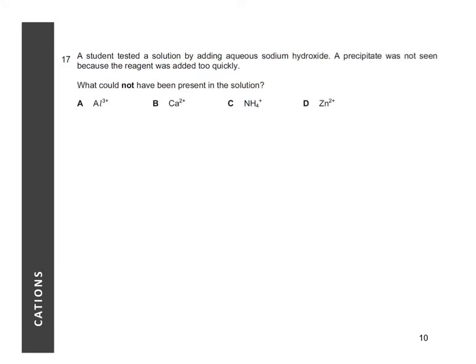Looking at the four options, again, the correct option is D, because zinc will form a white precipitate that dissolves in excess sodium hydroxide. For A and B, they will both form a white precipitate. Even if you add too fast, the precipitate is not going to dissolve, so we're still going to see it. So A and B are wrong. C is wrong also because ammonium ions do not give any precipitate.